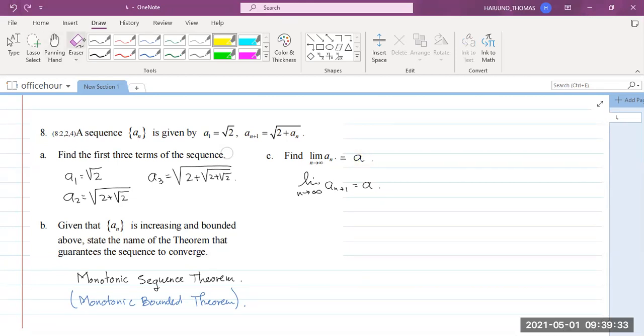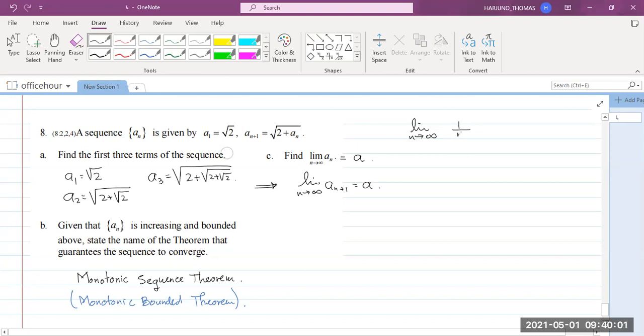There's one theorem, I think I didn't go over that in the discussion, but it says the following: if the limit of the sequence is A, then the limit of another sequence that comes after that sequence is also A. So let's see this one, just as an example. Limit as n goes to infinity of 1 over n is equal to 0, right?